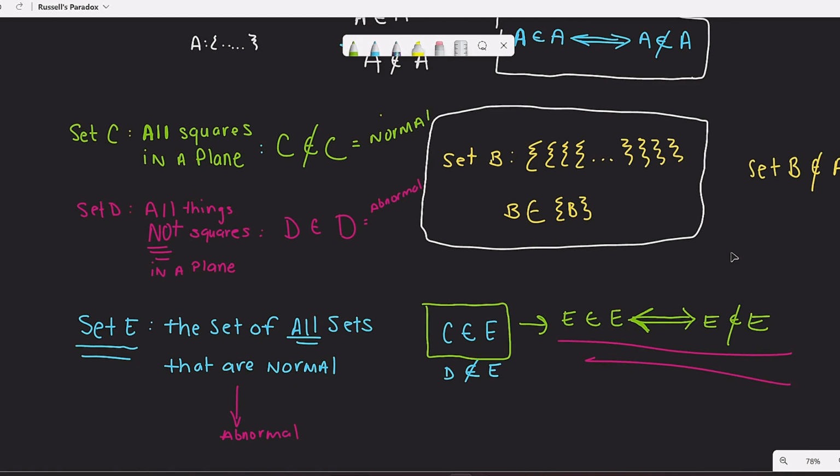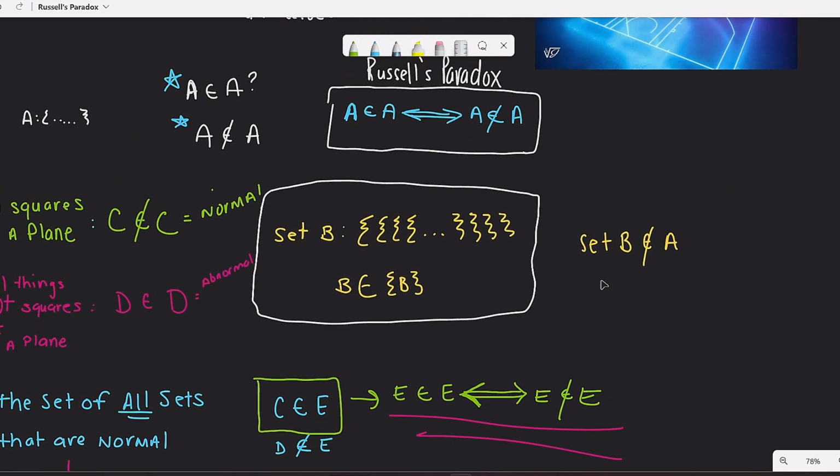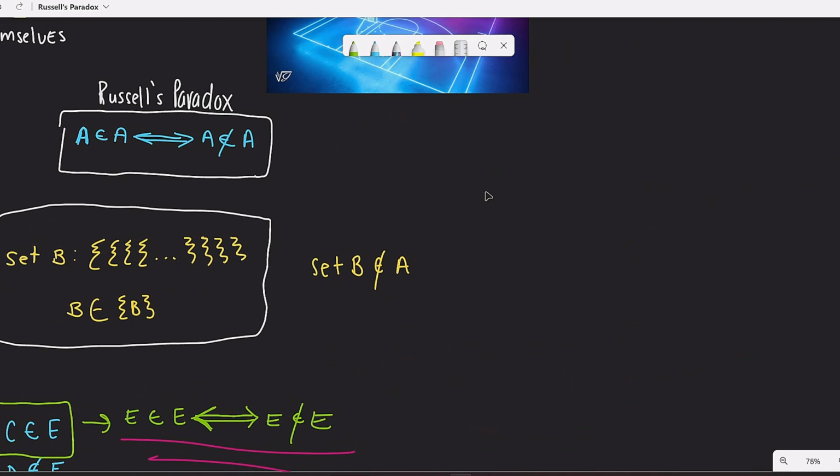And so to resolve Russell's paradox, by we I mean Zermelo and Fraenkel, devised an axiom, a postulate or a new foundation for set theory. And this foundation is called the axiom of choice.